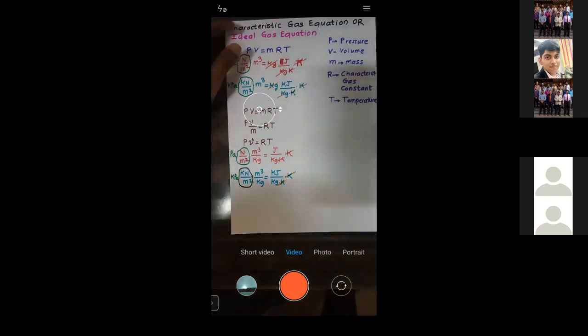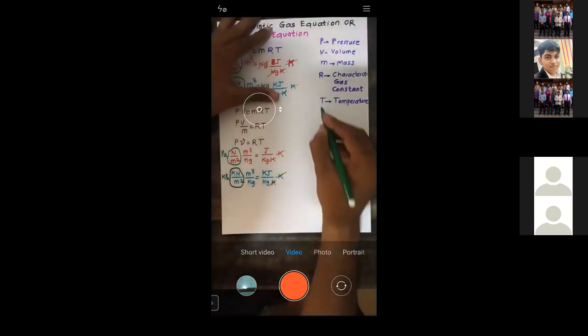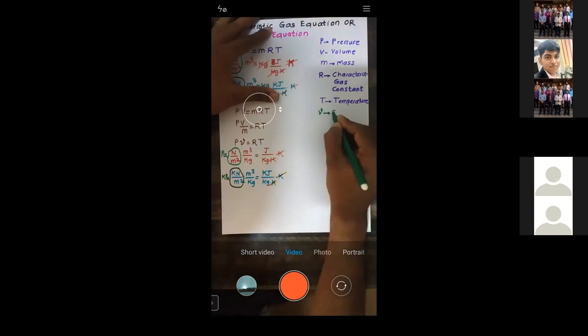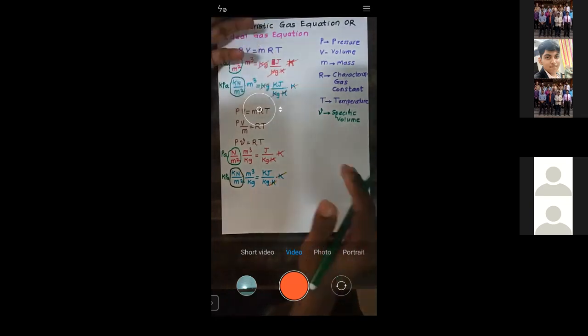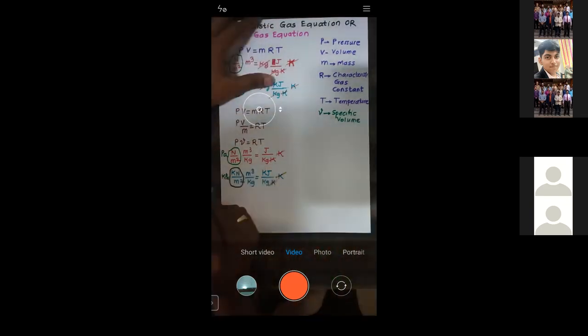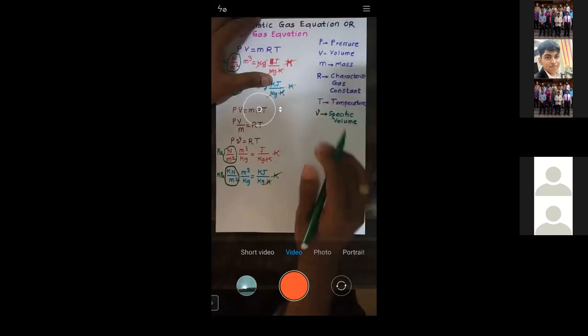So here also I will write down this small v. It is the specific volume. Simple. When you divide any term by mass, it becomes specific. Now, the question was, what is R? Characteristic gas constant.